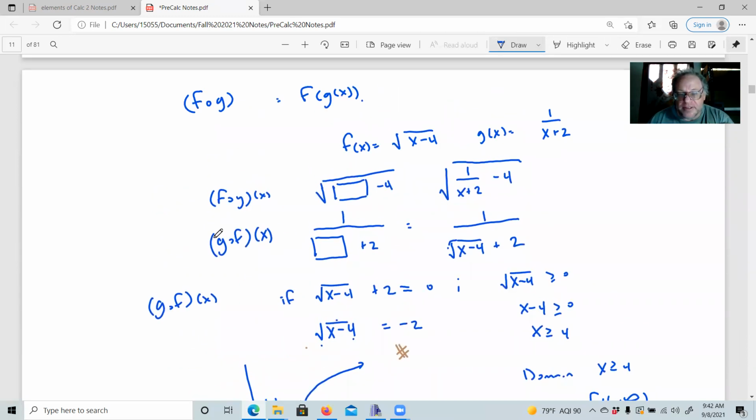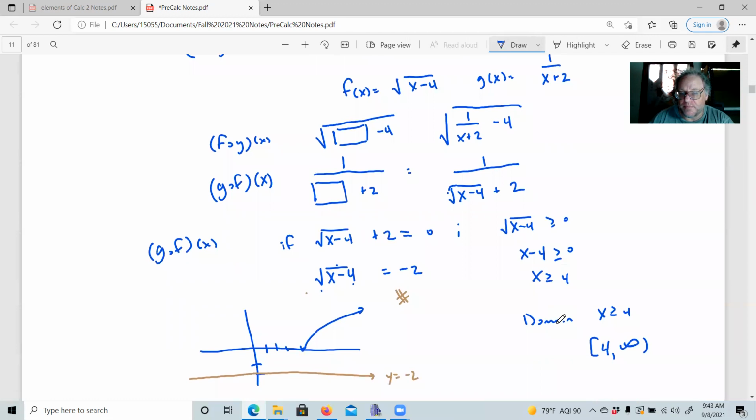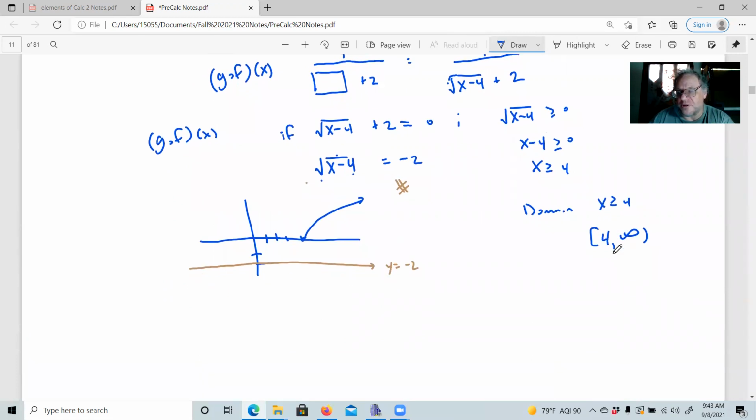Now, in this case, f has to go first. So we're going to put values into f first, and then we're going to worry about what g says. But we can never get to a value that's going to be negative 2. So we already have the domain of f. Do we have to worry about x ever equaling negative 2? No, it's not in the domain. So we're going to be okay with my domain.